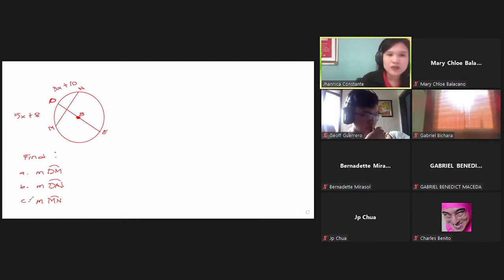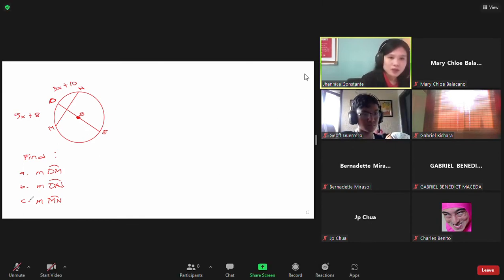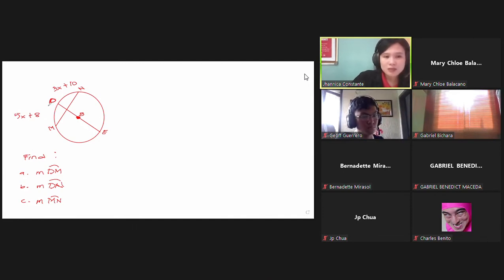So given the measurement of our two chords, which are 5x plus 8 and 3x plus 10, according to the theorem, if the bisector is the diameter, the measurement of our chords is equal or congruent.